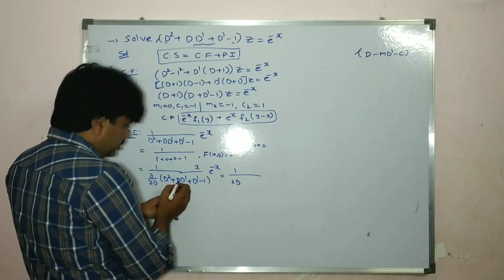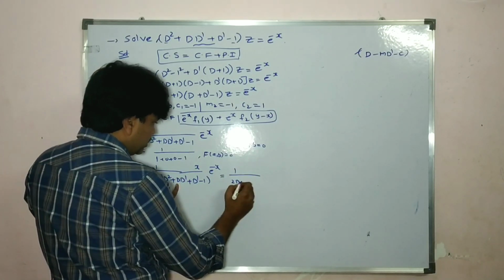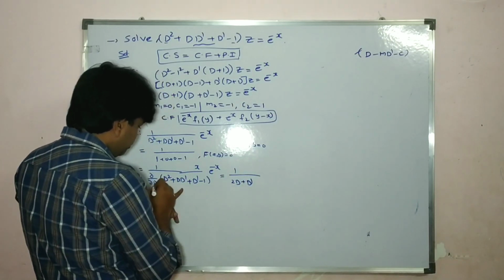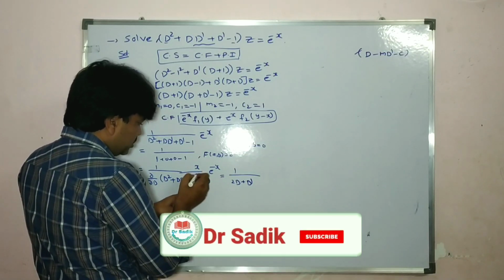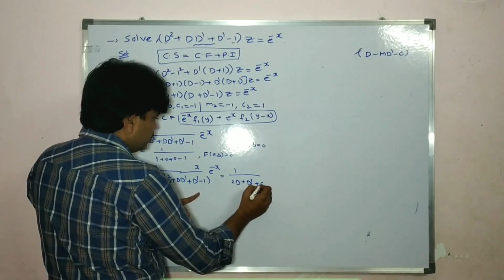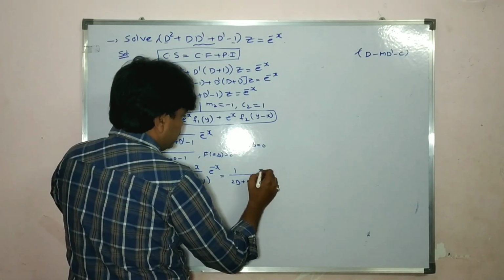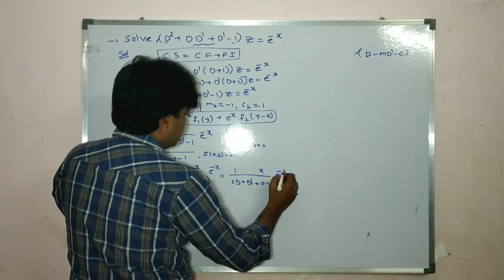Here dou by dou d of d is 1, so you get here plus d dash, dou by dou d of d dash with respect to d, d dash is constant, so the value is 0. Derivative of 1, this value also 0, into x e power minus x.